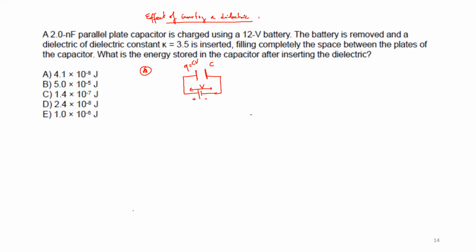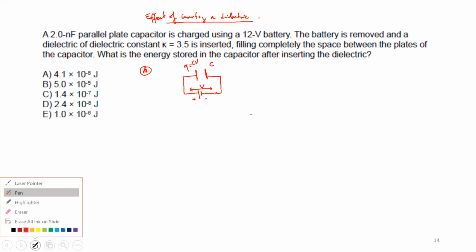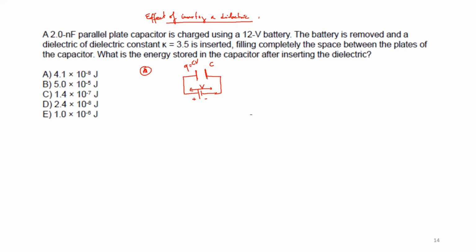Okay. Now this is before. Now what happens if I insert between these 2 plates a dielectric, which is an insulating material characterized by a dielectric constant kappa, which is bigger than 1.